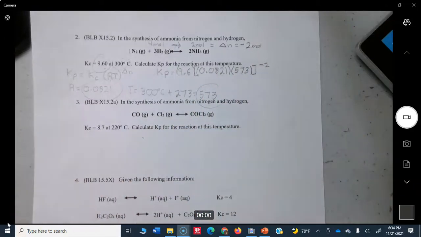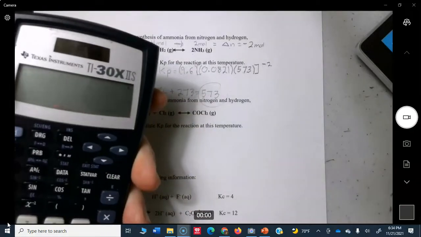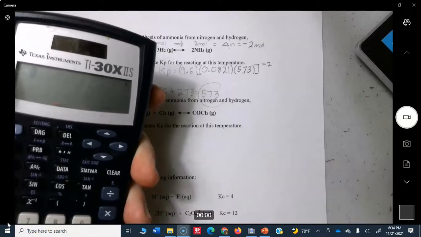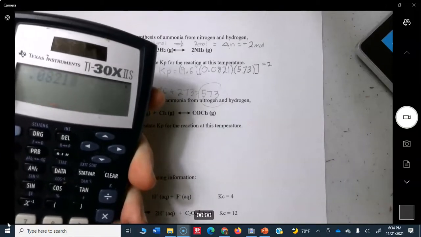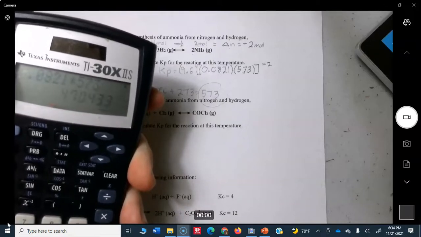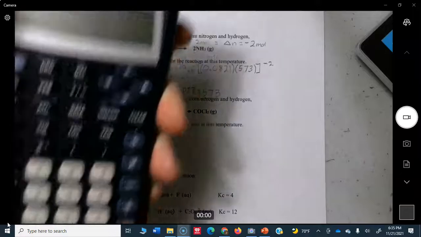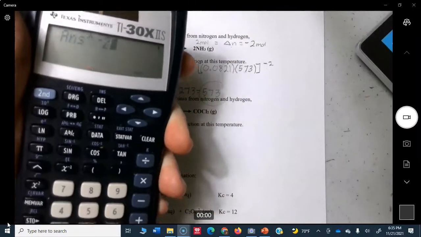So I'll go ahead and show you how I do that on the calculator. I hope it doesn't glare too bad. So I'm going to go 0.0821 times 573 equals, go ahead and hit the equal sign. I'm going to raise it to the power of negative, use that for the negative sign, -2.